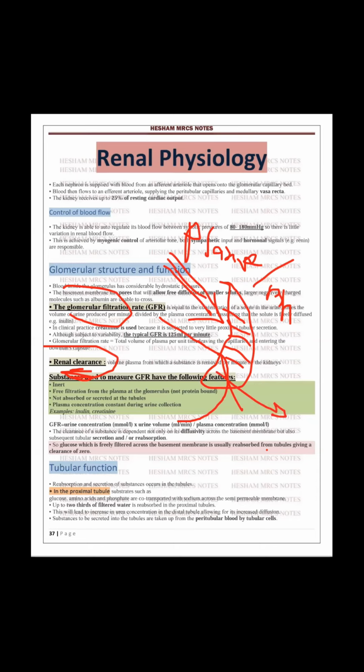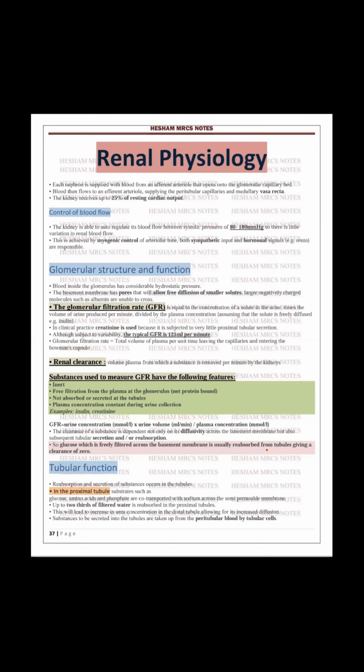And regarding renal clearance, we usually use some substance to measure the GFR, the glomerular filtration rate. We have three important substances to measure the GFR. First one is inulin. Second one is creatinine. Third one is glucose.